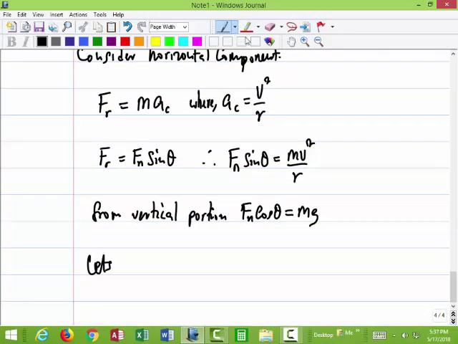So from this, we can see that the centripetal force is due to the horizontal component of the support force.